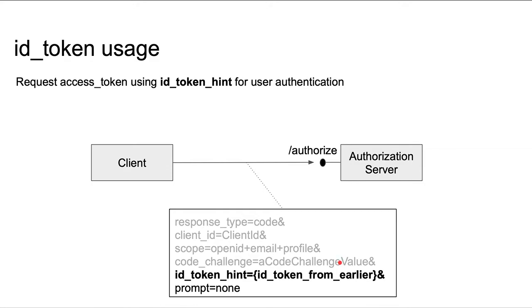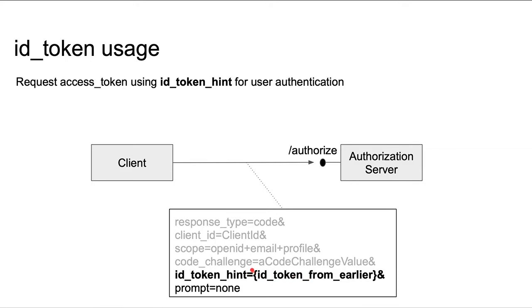Now, what your client could do is include the field ID token hint and include the ID token that was issued. And what will happen is the authorization server will receive this ID token, and if it is valid, it will not request the user to authenticate again.